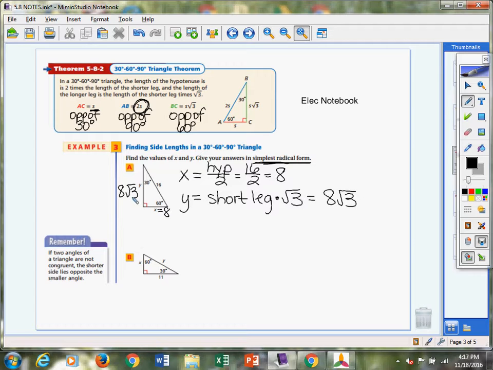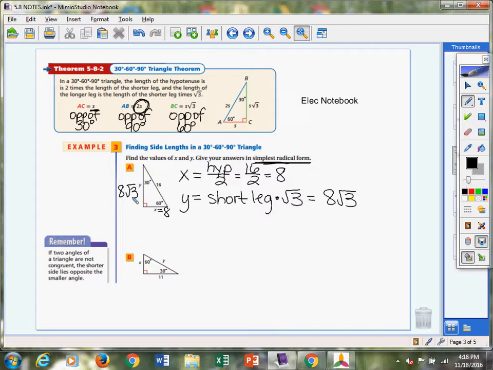It's clearly marked 30, 60, 90 triangle, but this time we don't know what the hypotenuse is, and we were given the 60-degree side, and that's all we know. We only know that that 60-degree side is 11, okay? So in order to work our way backwards, I'm not going to be able to go from the 60-degree side to the 90-degree. There's no real link there.